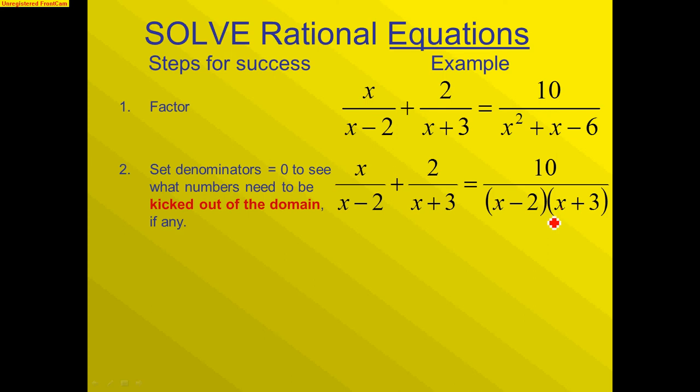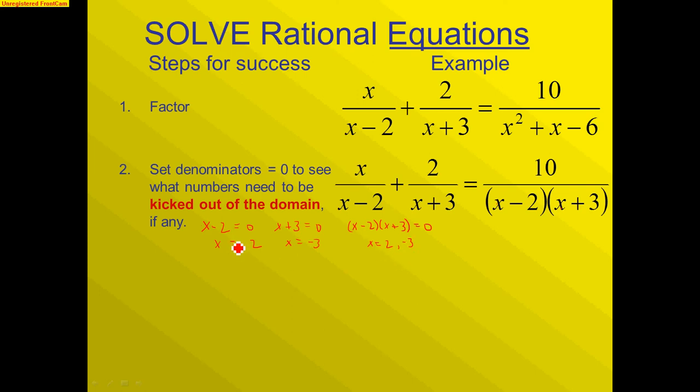But when you get up and math gets more complicated, you're going to get more complicated expressions. So I will actually set each denominator equal to 0. And I will solve for x's. And then I will make a list.